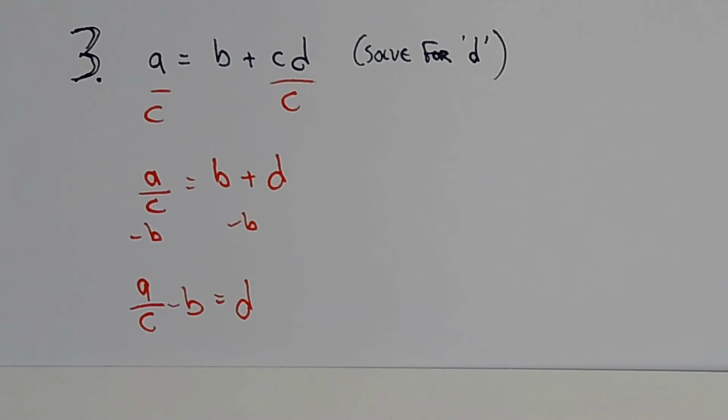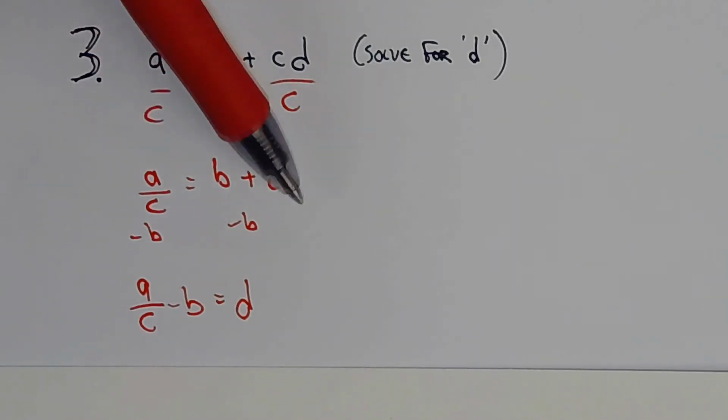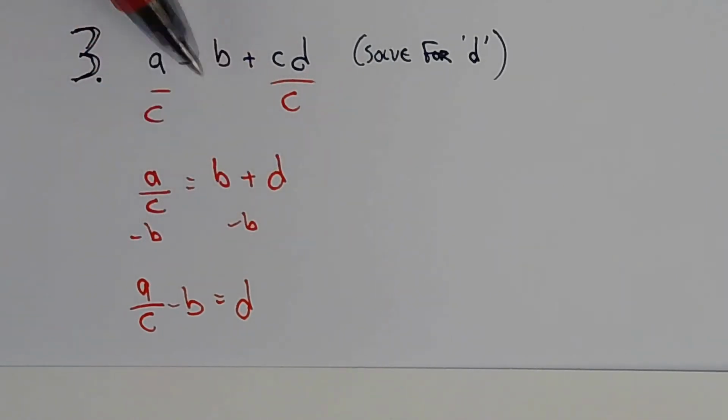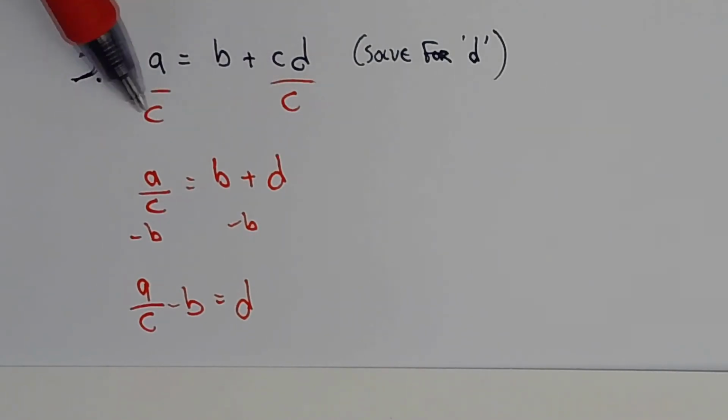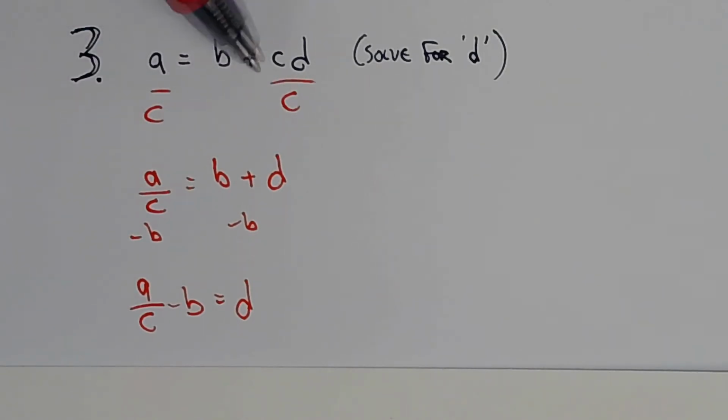My mistake comes in the first step that I did, where I got rid of the C. Getting rid of the C here is the right instinct if you want to get D by itself. However, you've got another term here. You've got an addition term.